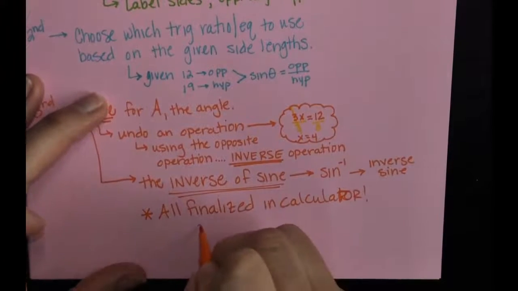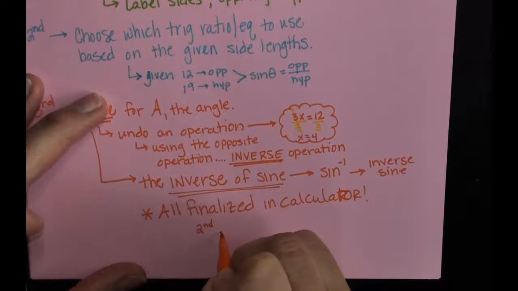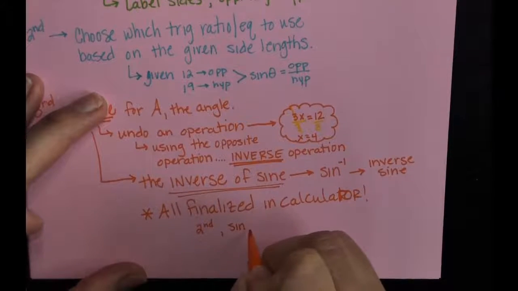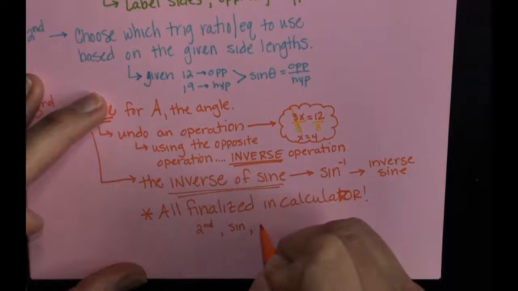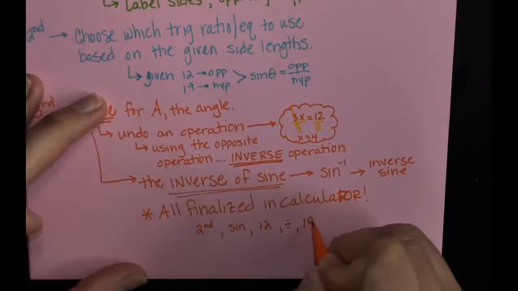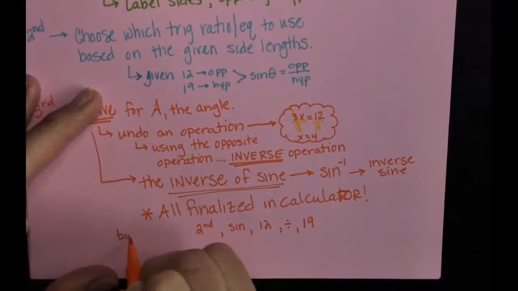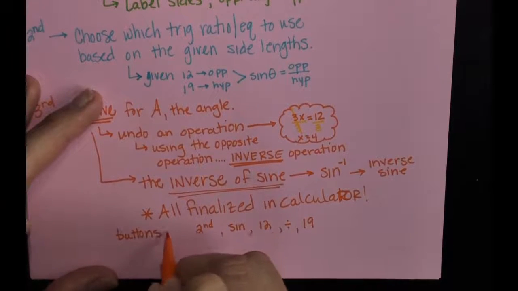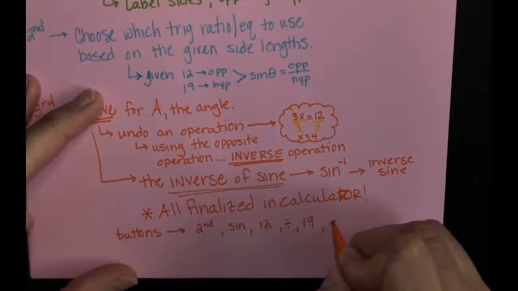So this would be second sine, 12 divided by 19, enter.